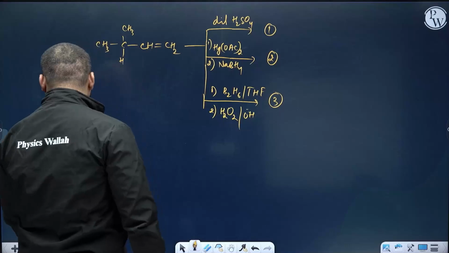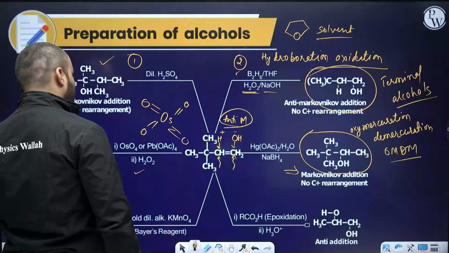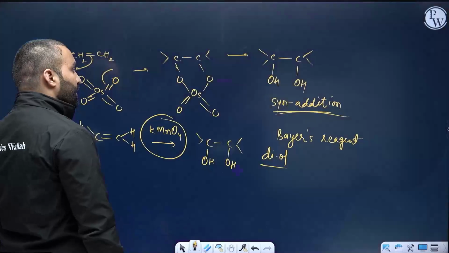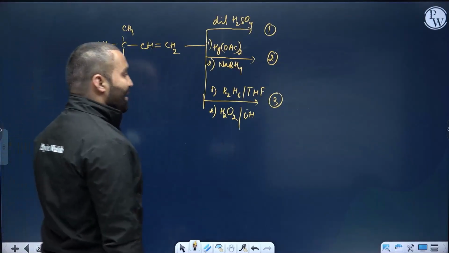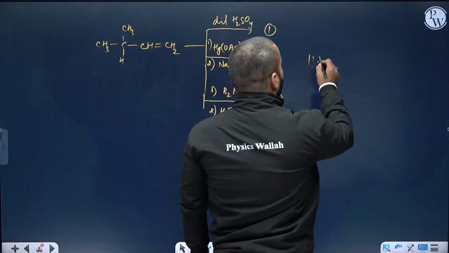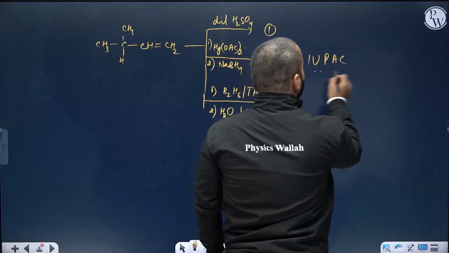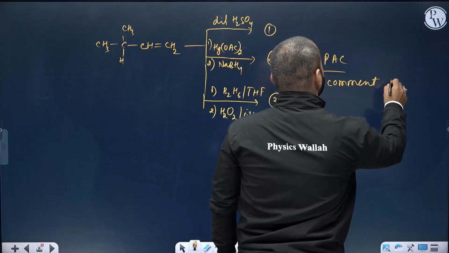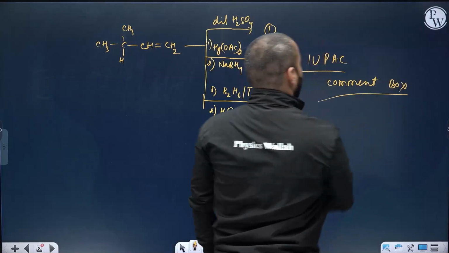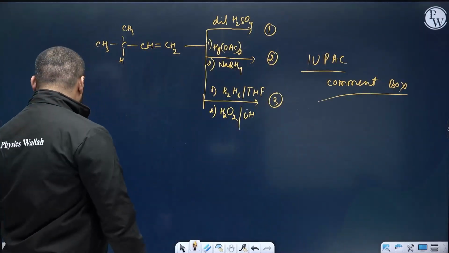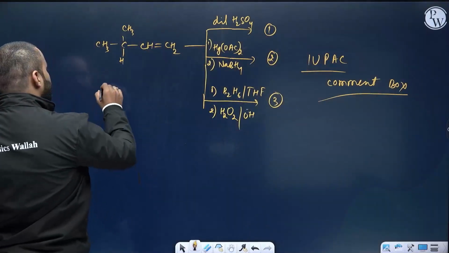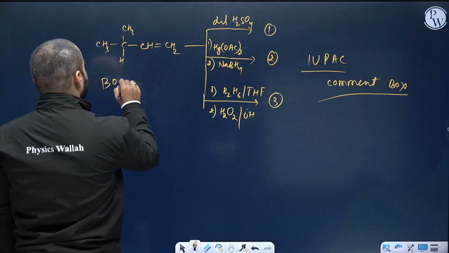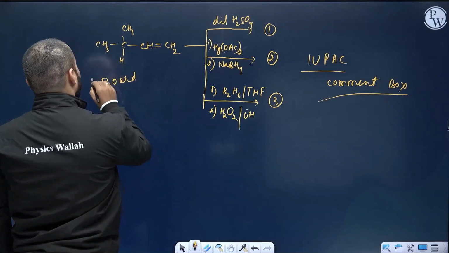I want you to find out product number 1, product number 2, product number 3, and write down the IUPAC naming in the comment box. I'll come and check. Right, everybody? Okay, let's move. My guarantee to you guys, this is going to be one of the questions in your board examination. This is 100% going to come in your boards.